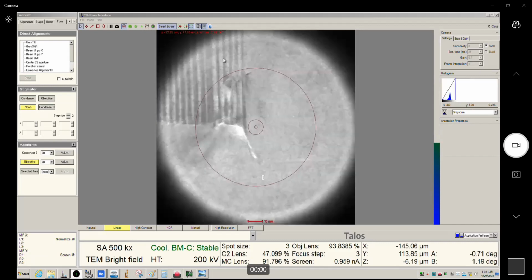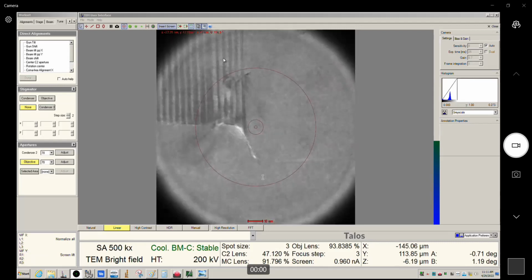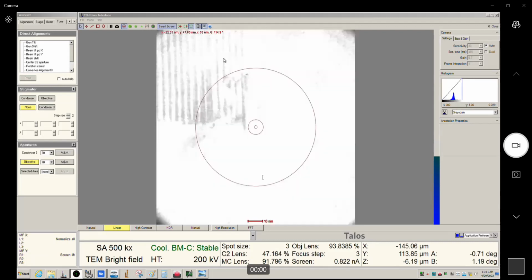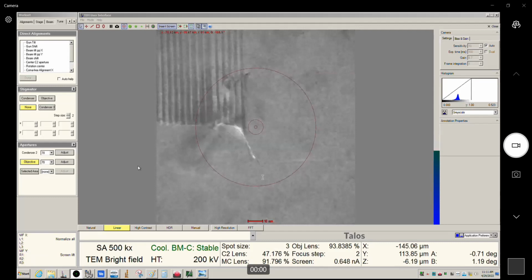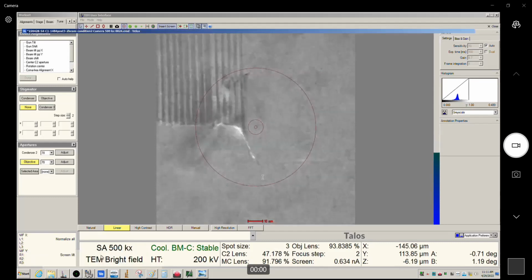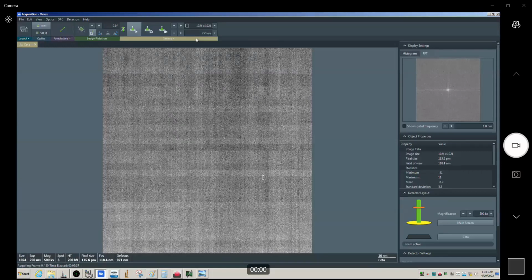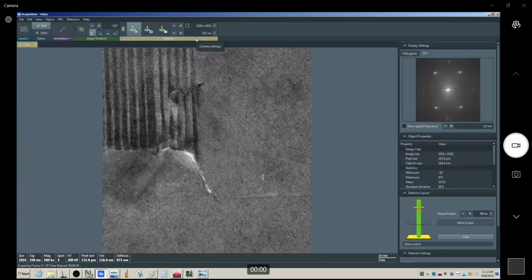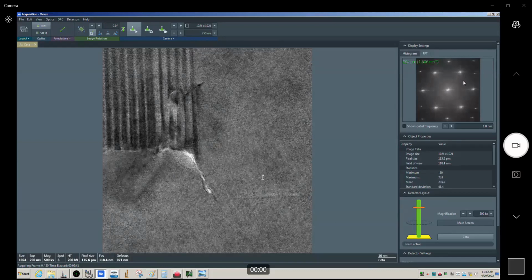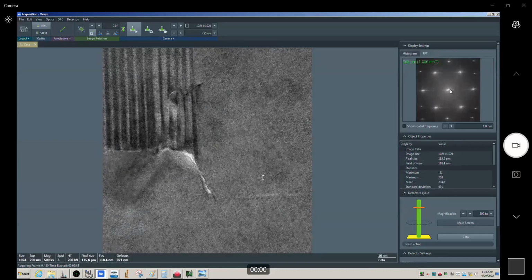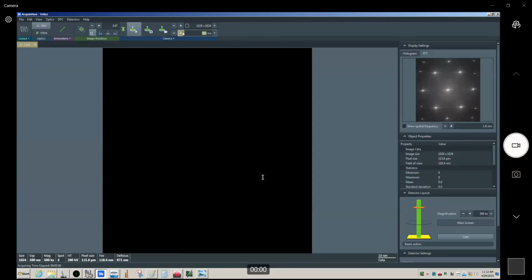This is better to do actually on the flu cam. Whoops, wrong one. Okay, but you can see, I really don't have, there's a little bit of an amorphous signal there, but it's really not very strong.